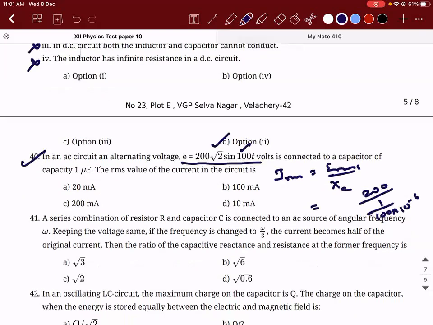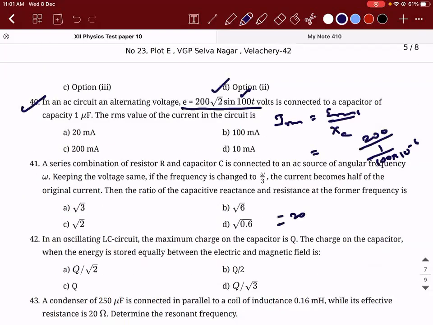So this will go to the numerator. So 200 into 100 into 10 power minus 6. That will become 2 into 10 power minus 2 ampere, or I can write it as 20 milliampere. Yes, 40th, option A is right.